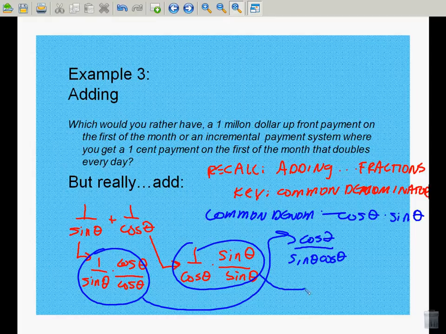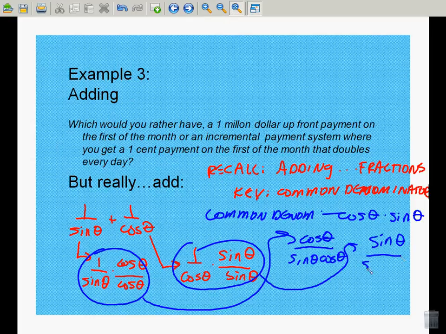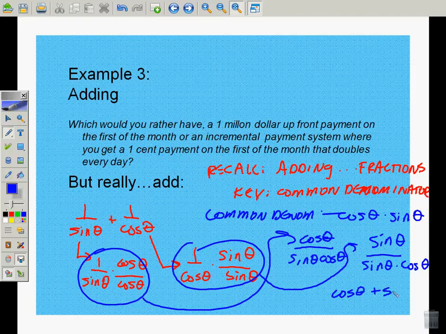This is really, let's make the thetas a little bit neater, sine theta over sine theta times cosine theta. Okay, so let's look at what I've got. When I add those, I'm going to say I've got cosine plus sine theta over my common denominator.